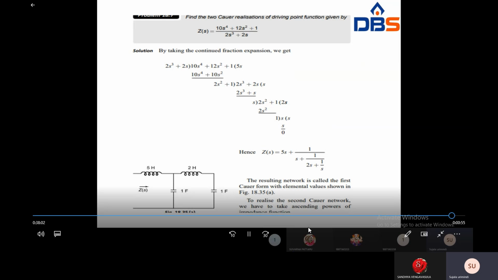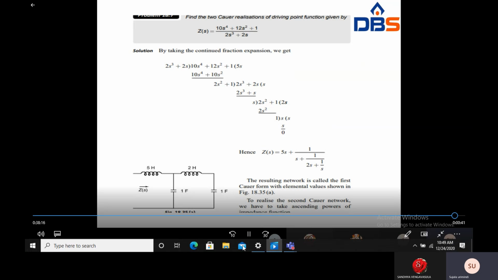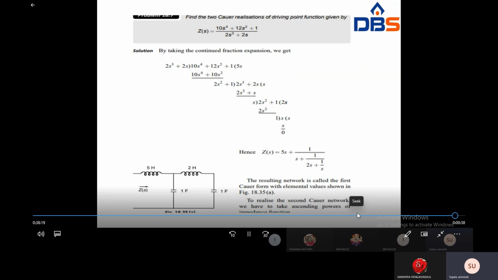And the third thing, in the LC network, all the poles and zeros lie on the imaginary axis, and they interlace with each other, and the nearest point to the origin will be either a pole or a zero. When you find the LC, the numerator and denominator will be a differentiation of the one. It will satisfy the Hurwitz polynomials.